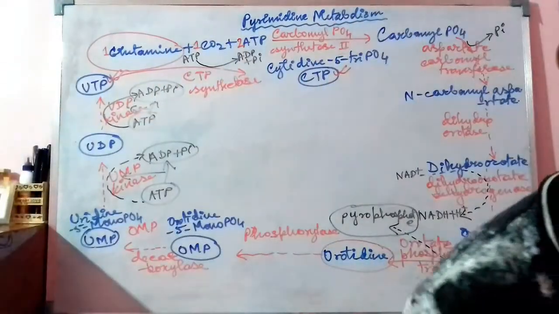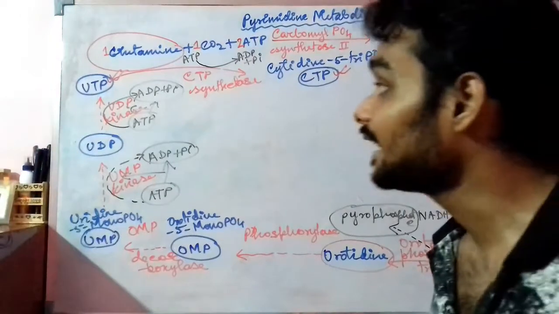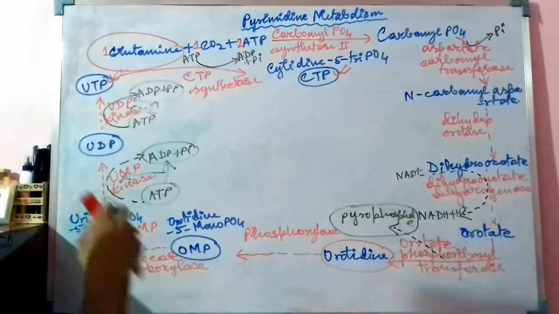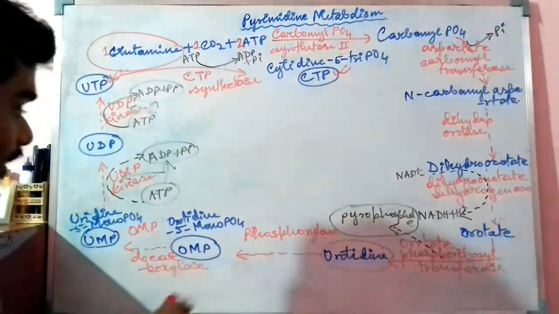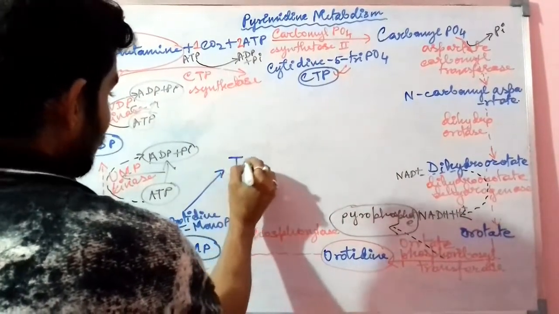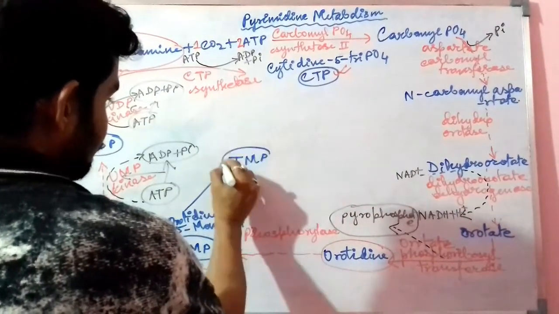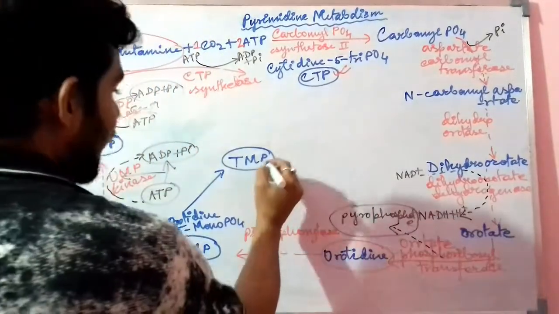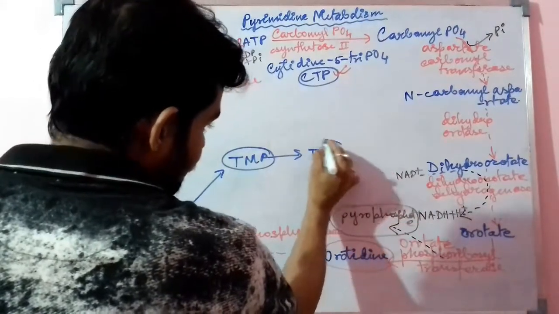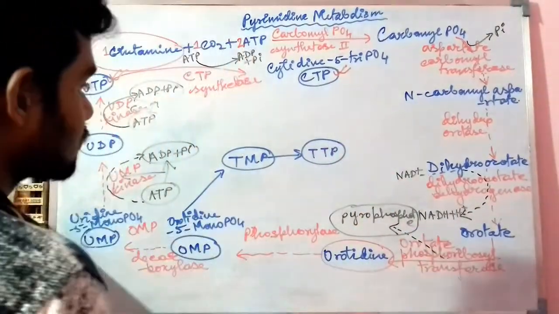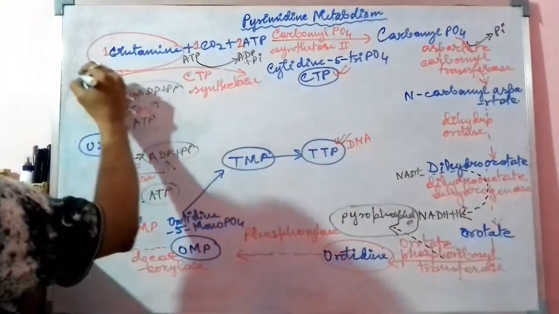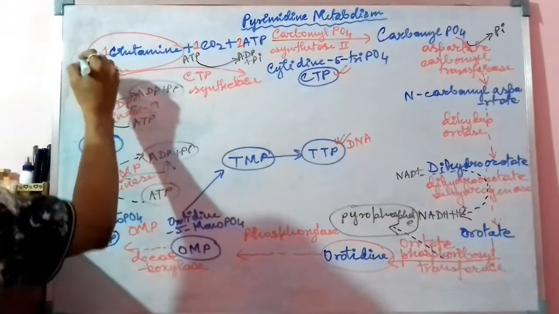The pyrimidine synthesis happens in the case of RNA formation, but in the case of DNA formation, orotidine monophosphate gets converted to thymidine monophosphate, TMP. Now the thymidine monophosphate again gets converted to thymidine triphosphate, TTP. So this is in the case of DNA and this is in the case of RNA.